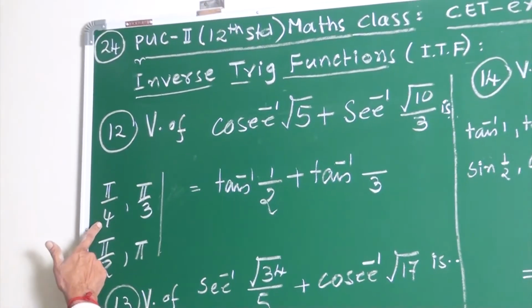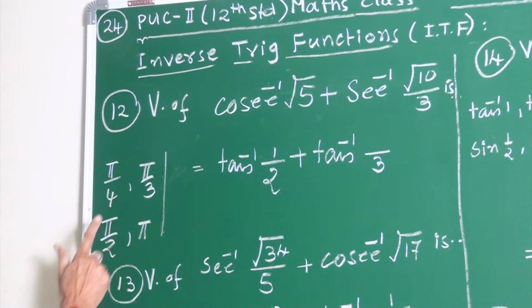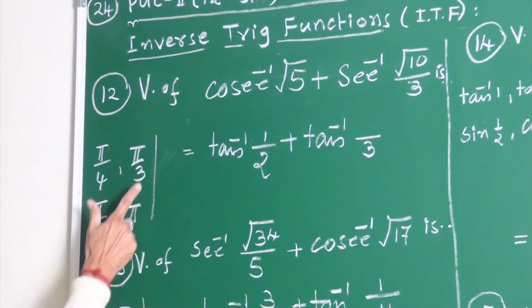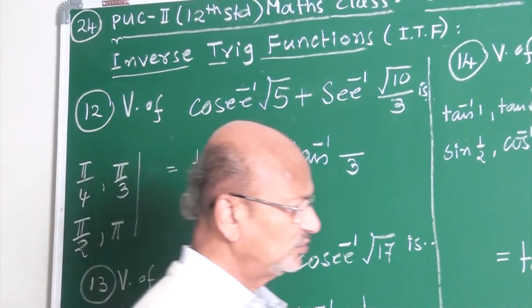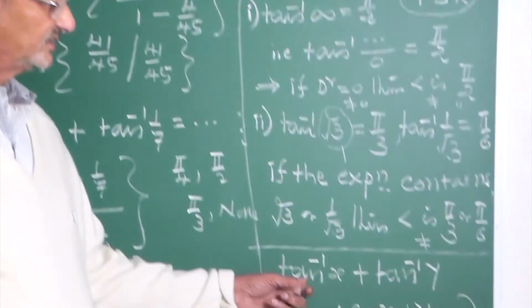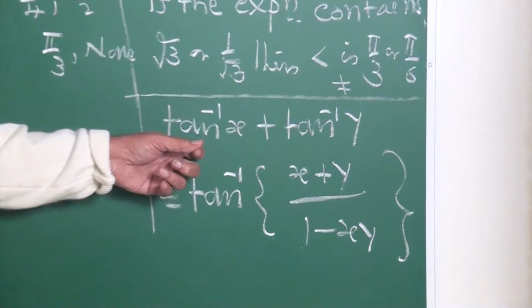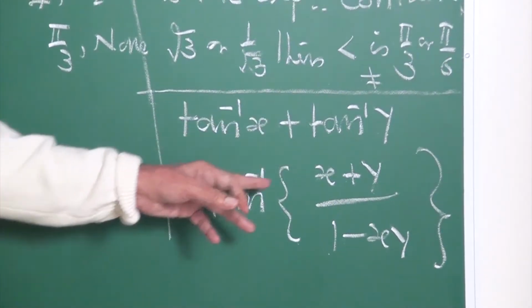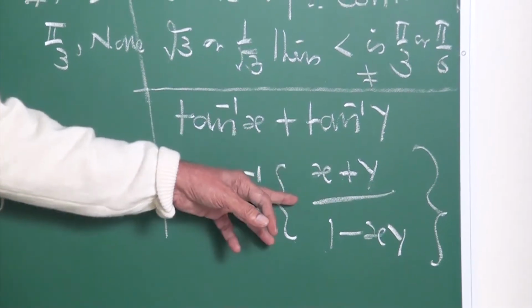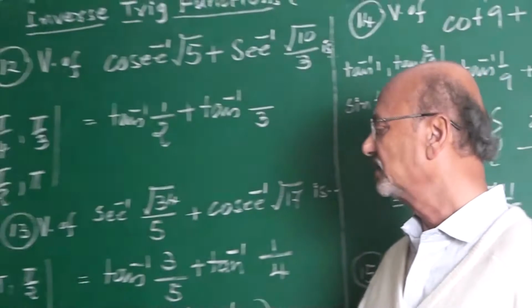These are the options: pi by 4, pi by 3, pi by 2, pi. So once again, my friends, as we know this theorem, this theorem is in terms of tan. It is tan inverse x plus tan inverse y equal to tan inverse of x plus y upon 1 minus xy.